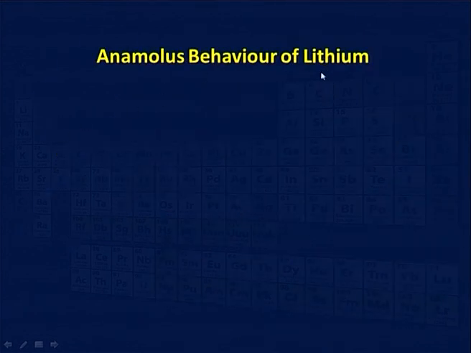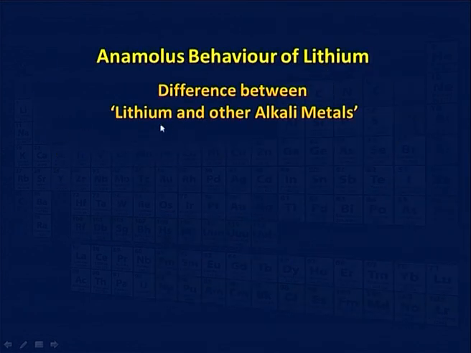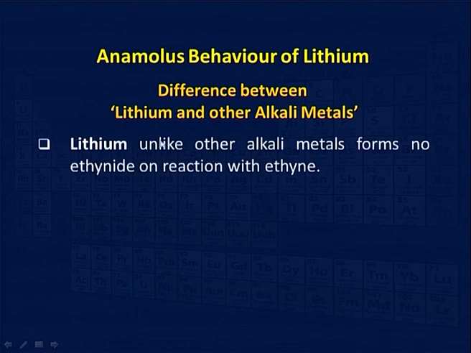Then, anomalous behavior of lithium. Now, the difference between lithium and other alkali metals, that is, how does lithium differ from other alkali metals. Lithium, unlike other alkali metals, forms no ethynide on reaction with ethyne.